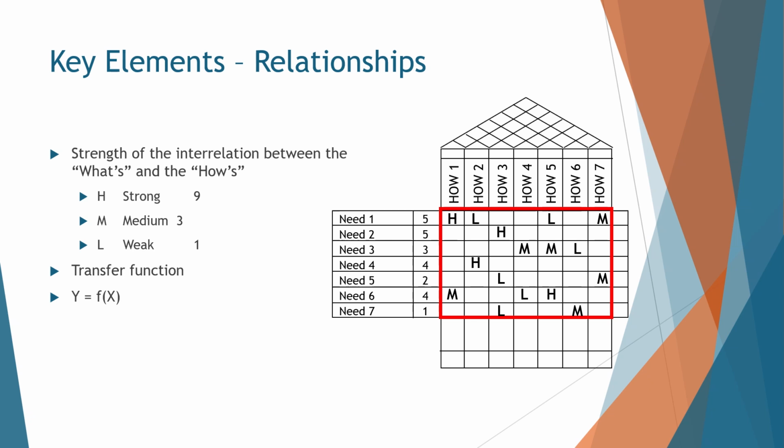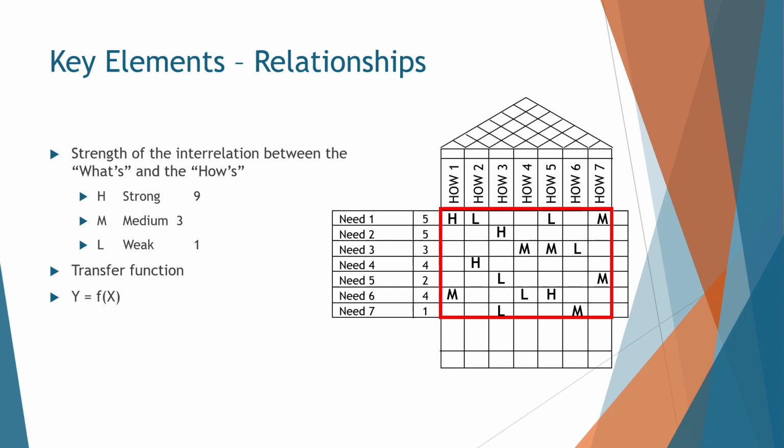So what's the relationship between the customer's needs and the how's? It can either be strong, which is with the H, medium with an M, or weak with an L. And guess what? You're going to be together with a team and you guys are going to decide what's strong, what's medium, what's weak.